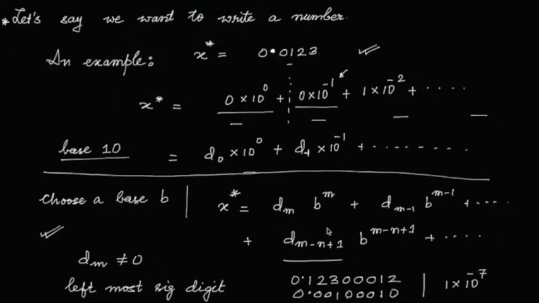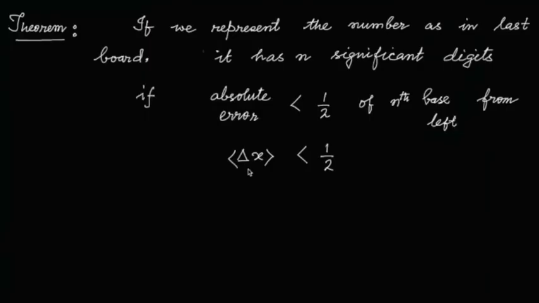So this is what the base is, which is b to the power m minus n plus 1. So this delta x will be less than half of b to the power m minus n plus 1.